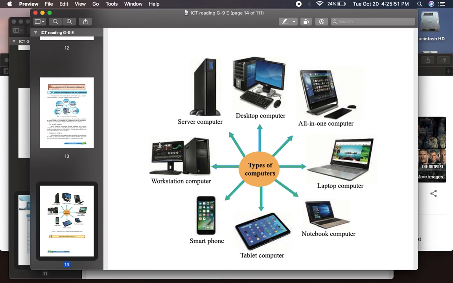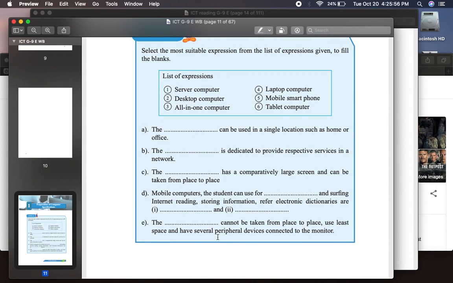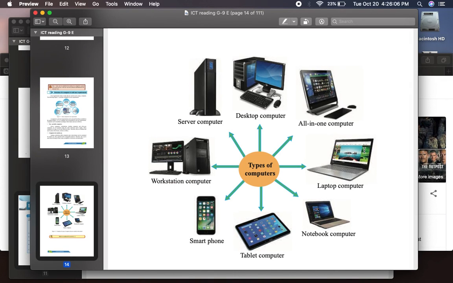It's a non-portable computer, so it's one of these. And then they say that it has several peripheral devices connected to the monitor. Okay, so it could have several, it has a monitor. So the server computer, we can rule that out, and it will have several devices connected to the monitor. Okay, that's the key description there.